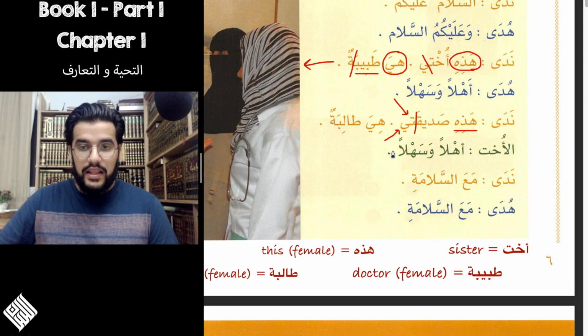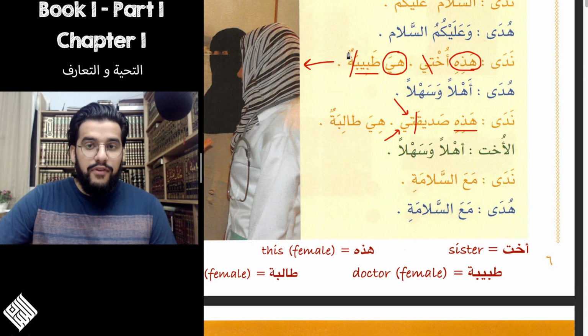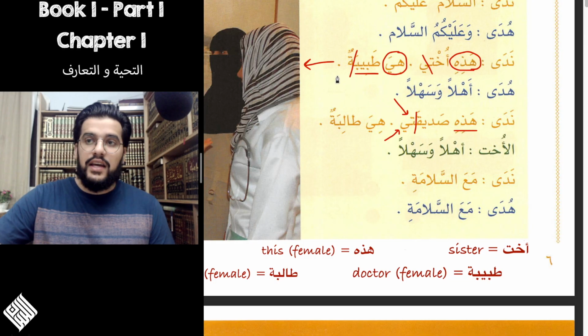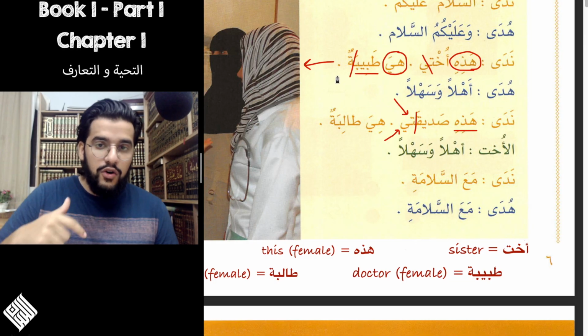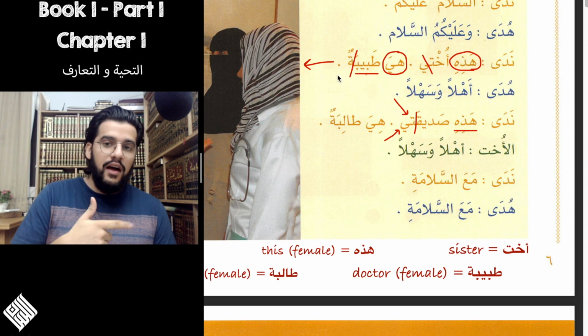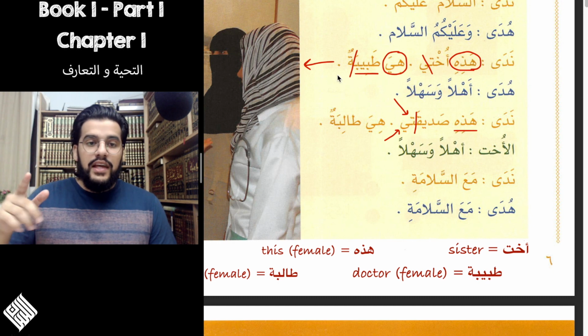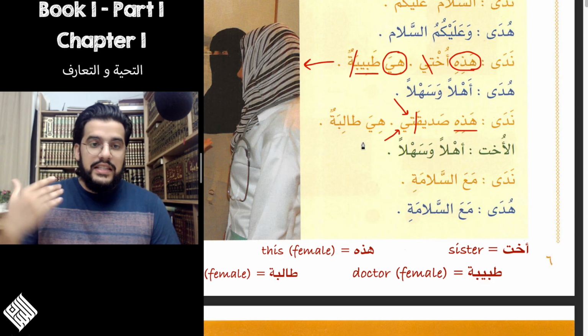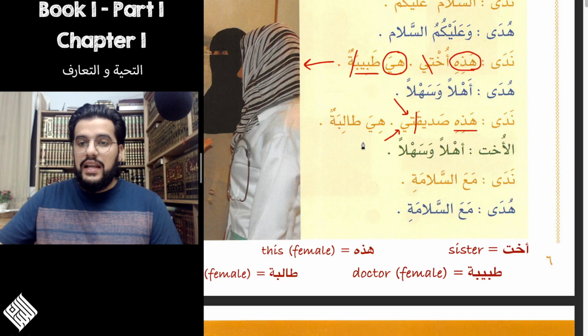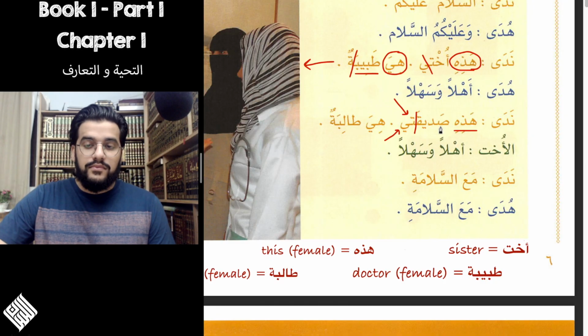And notice something: if a word ends with a feminine ta, and then I want to add a pronoun after it, like my, or ka, your, or his, or her, then that feminine ta turns into a normal, regular ta. Okay, so you would say صديقتي, or مدرستي, or طالبتي, and so on.